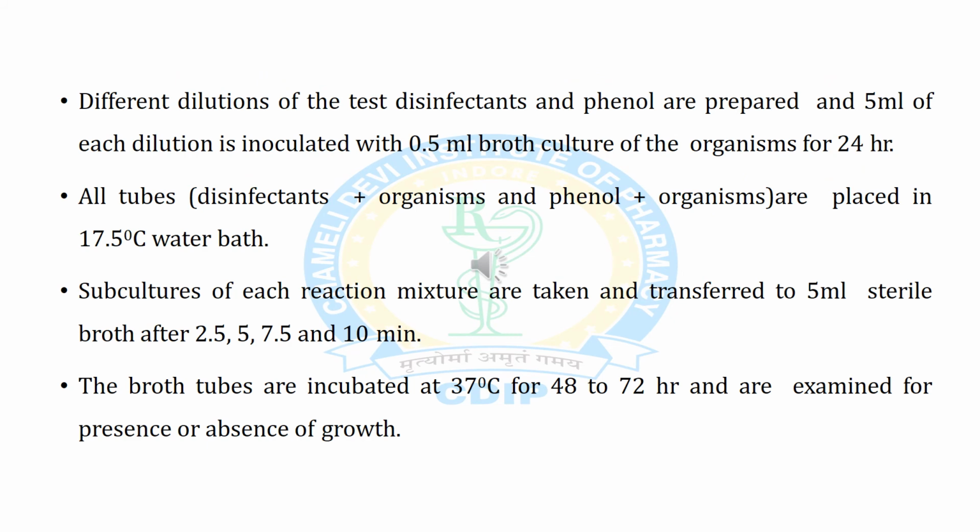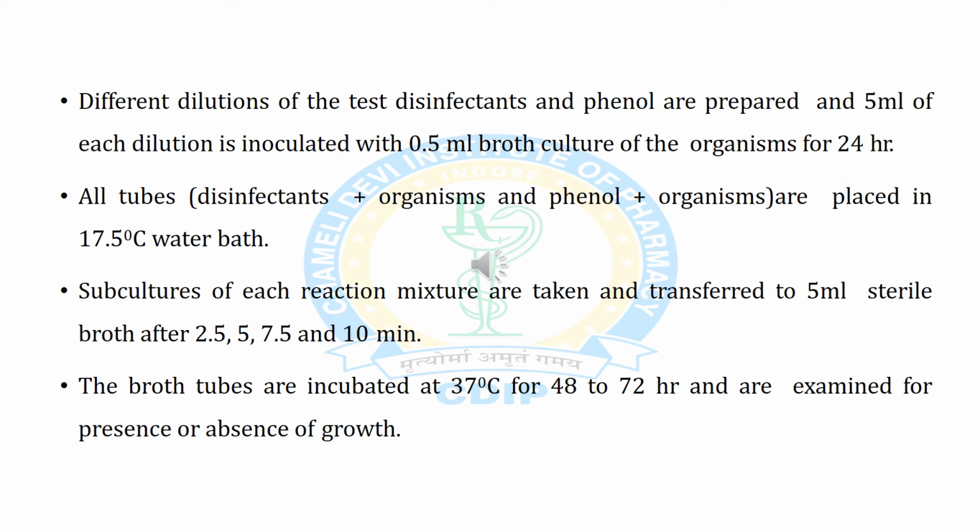For this phenol coefficient method, different dilutions of the test disinfectant and phenol are prepared, and 5 ml of each dilution is inoculated with 0.5 ml broth culture of that organism for 24 hours. All tubes are placed in a water bath at 37.5 degrees centigrade. A subculture of each reaction mixture is taken and transferred to 5 ml sterile broth after 2.5, 5, 7.5 and 10 minutes.